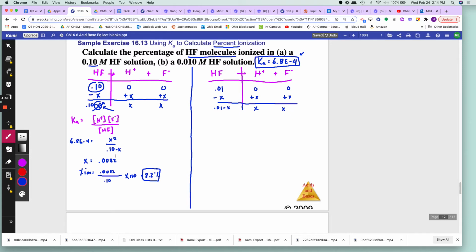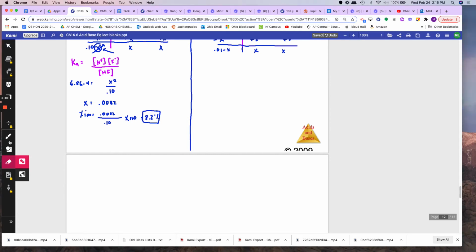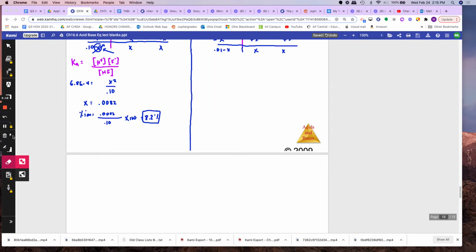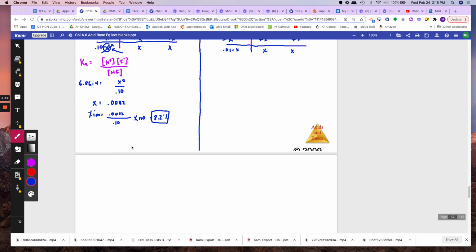So when I use the quadratic, I plug in this equation: 6.8 e negative 4 equals x squared over, since I can't use that assumption, 0.10 minus x.